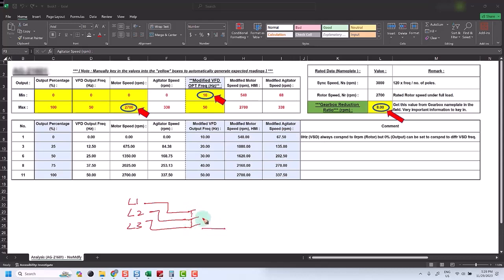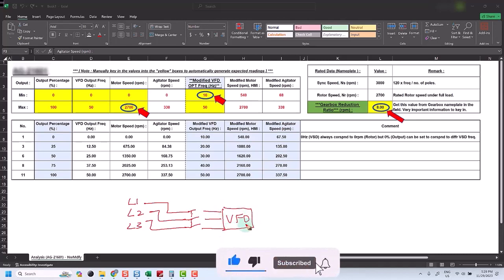Note that this is just a simple diagram for illustration purposes. The actual design will be much more complicated than this one. And then this three-phase power supply will go through the VFD, variable frequency drive. And then the VFD will supply the output power with variable frequency to the motor.